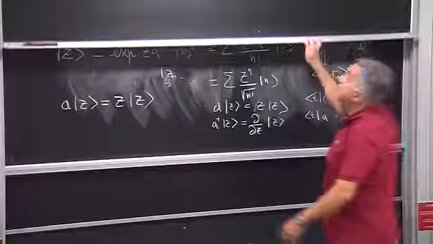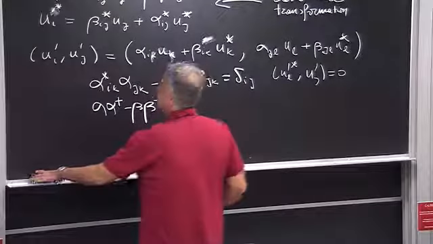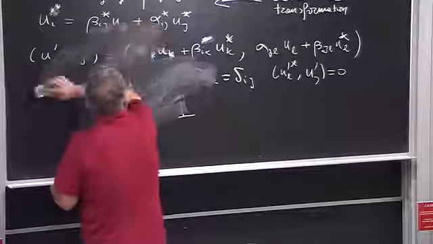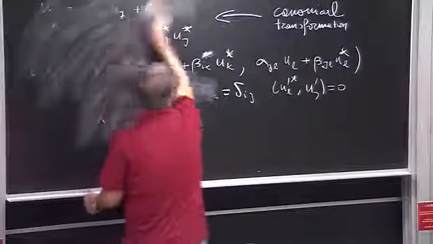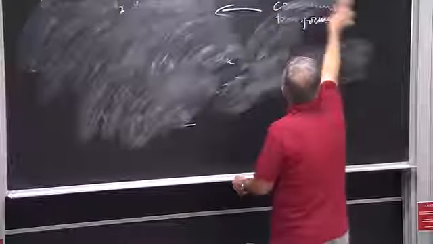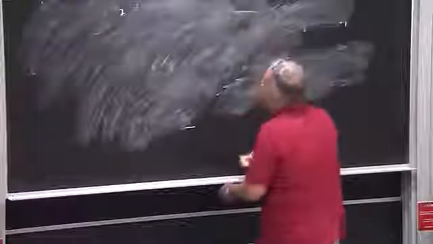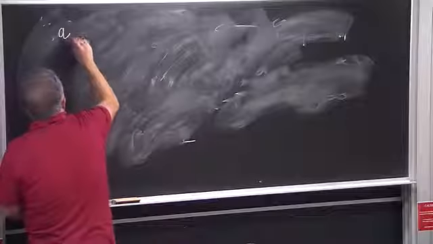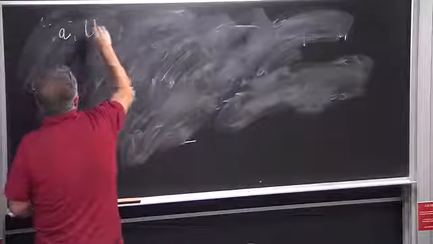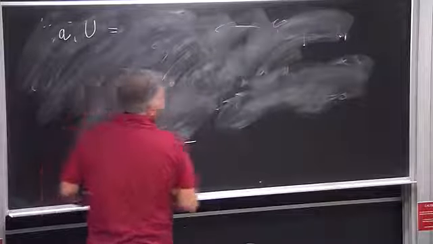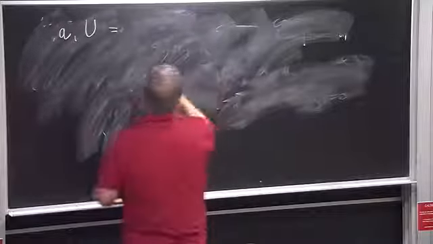Let me do it here so you can see it better. So we have two operatorial equations which are going to give us the operator U. For one, at the beginning I put the indices also, and then I will not do it anymore. This is the first equation.